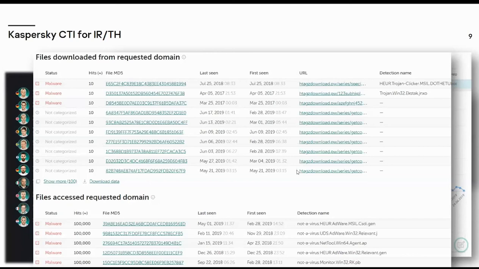Was that file discovered in the environment communicating with certain URLs on the internet? Were any other malicious files downloaded, or usually downloaded, from that resource?